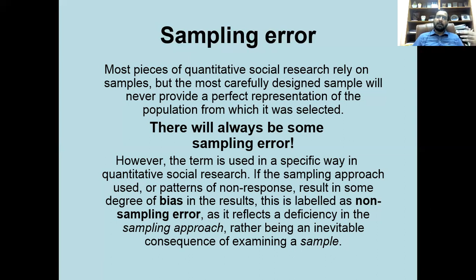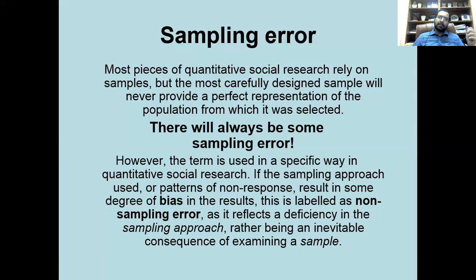For example, you might opt for simple random sampling, a stratified sampling technique, or a probabilistic method. It's up to you what type of sampling approach you want to use. But even then, the sampling approach used, or the patterns of non-response where you do not have a response, result in some degree of bias in the result.